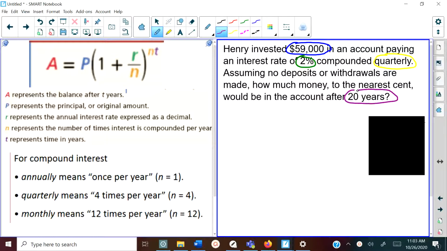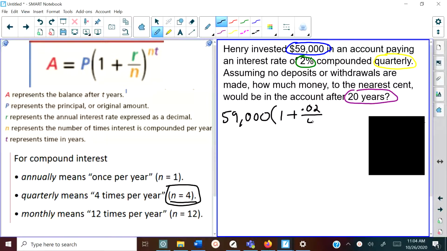So we're going to plug each one of those into this formula. Start with P, and then the 1 that's already in the formula, plus the R. 2% we're going to change to a decimal. Move it 2 decimals to the left, and then divide by N. N is quarterly, and quarterly is 4.